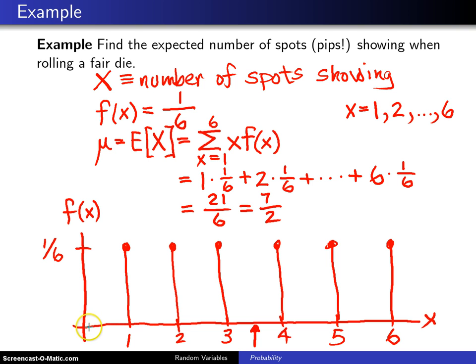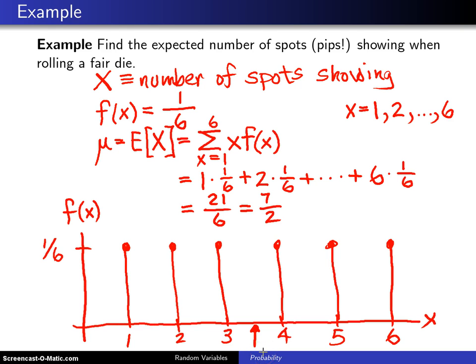If I were to have a barbell with a weightless bar, and I put a weight of 1/6 here at 1, another weight of 1/6 at 2, a weight of 1/6 here, all the way down, then this point right here, the population mean or expected value, is the point to where I would lift that barbell and be assured that it would not tilt to the left or tilt to the right. In other words, this 3.5 is the center of gravity for the barbell.